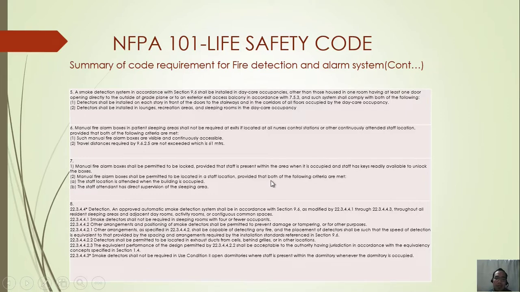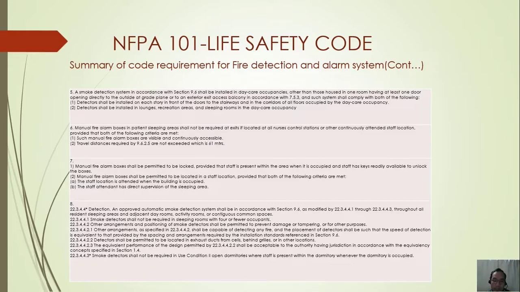Okay, guys. So in prisons or correctional facilities, because we all know that some people there cannot be trusted, it's a jail, it's a prison. So there are additional security measures. That's why fire alarm boxes are permitted to be locked.